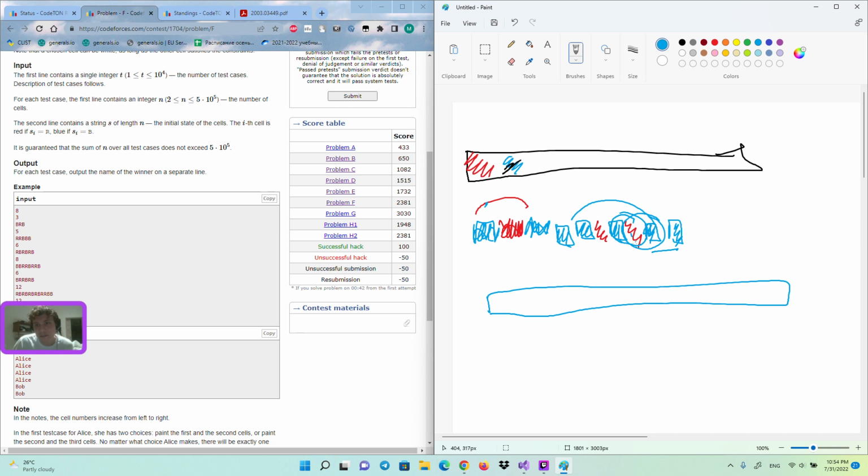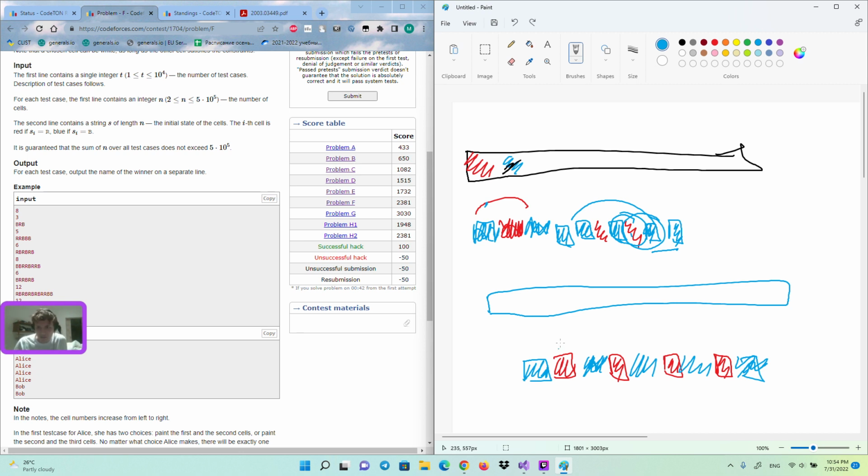So if the length is, assume that we have an odd length, for example, 9. What happens in this case? One might want to destroy these two, and it's still odd.